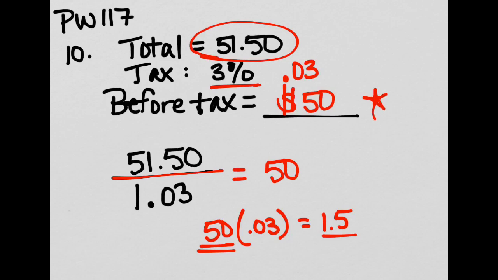The reason why we put this 1 here is because we're actually taking the original price, that's the times 1, and then the tax or the percentage as a decimal. So again, for 11 through 15, you're going to take the total that they give you, divide it by 1 point, whatever the percentage is as a decimal, and then it'll give you your price before tax.